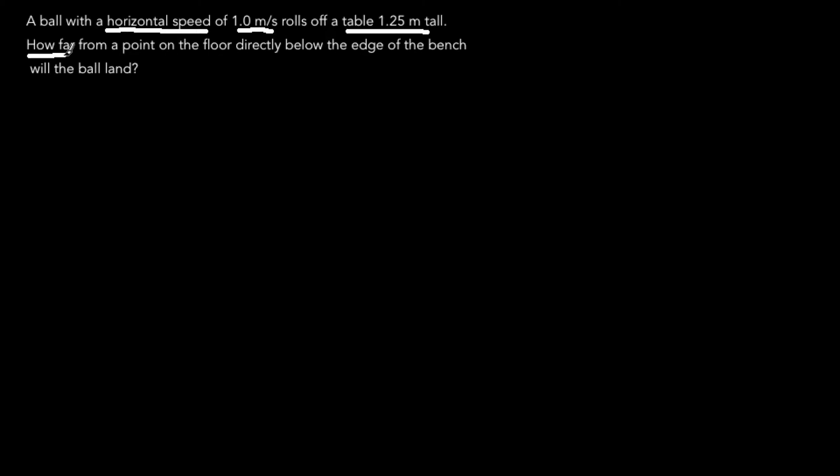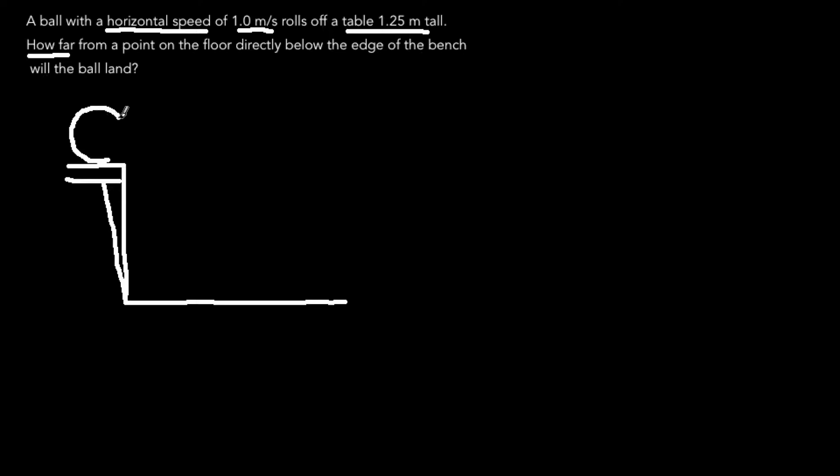So how far, basically. If it's still confusing, hopefully this diagram will clear up some confusion. So let's say this is our table right here. Let's say that's the leg of the table, and this is the surface of the table, and we have our ball, just like that. Here's our ball, okay?